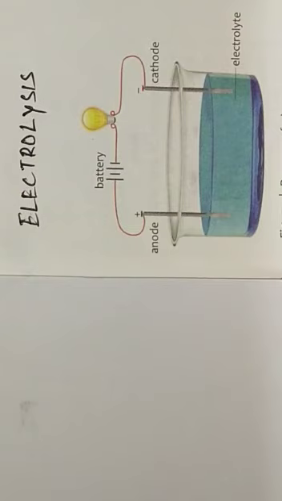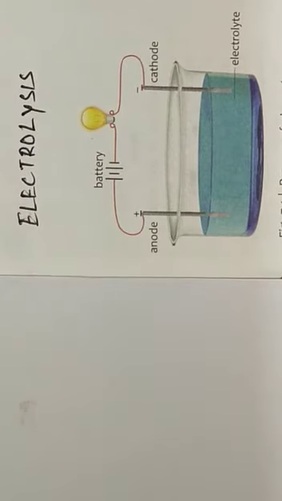Hydrogen gas is collected at the cathode, that is the negative electrode, and oxygen is collected at the anode, that is the positive electrode. By this method of electrolysis, hydrogen gas is prepared on a large scale.